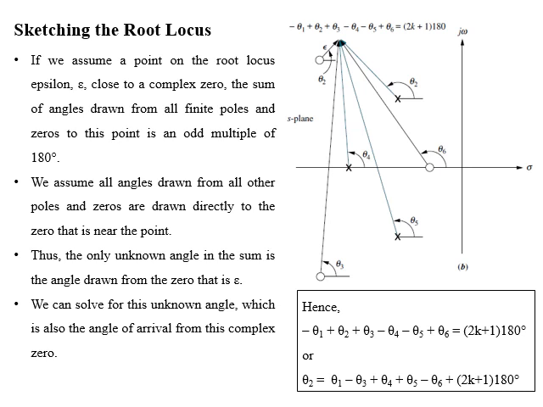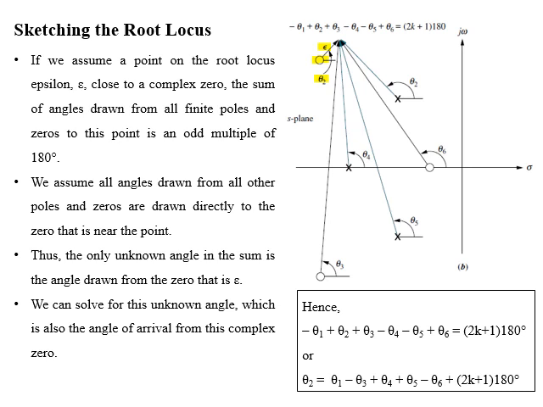Dear students, now we will find the angle of arrival for complex zeros. If you look at the figure which has the pole zero map of the open loop system along with complex poles, this system also has complex zeros.